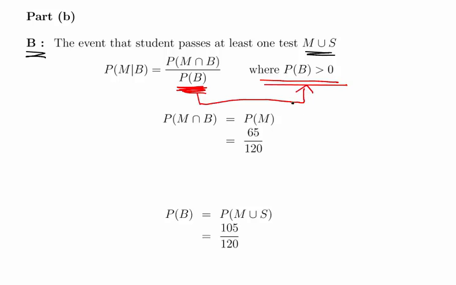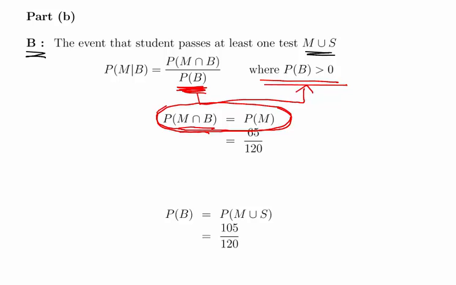Just a formality when you write something like that out. Now the probability of M intersection B, in this particular instance, because M is a subset of B, can be written as the probability of M.